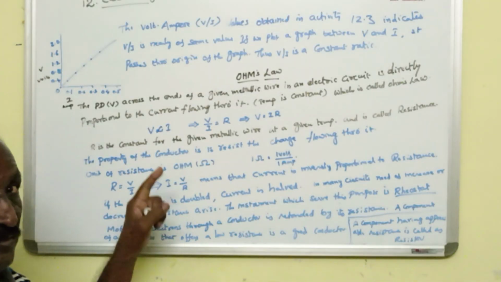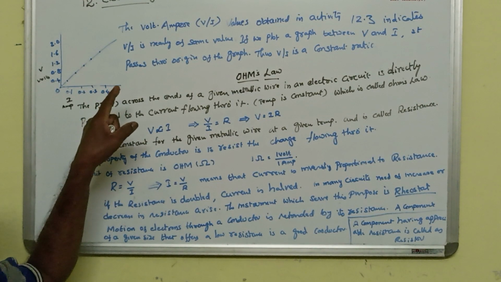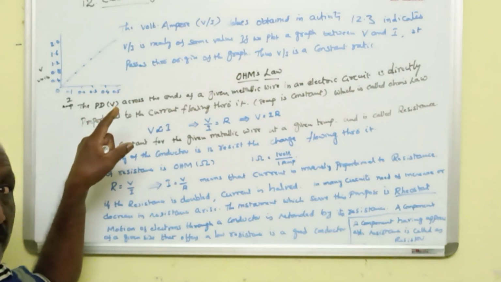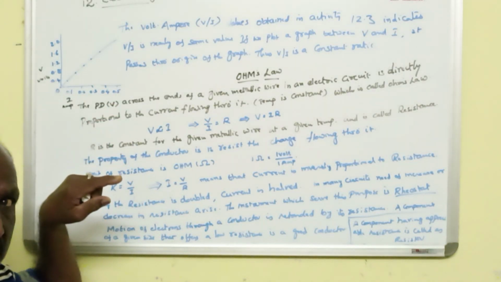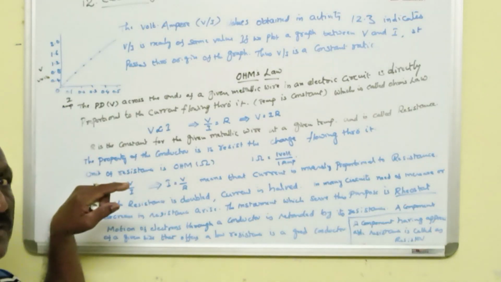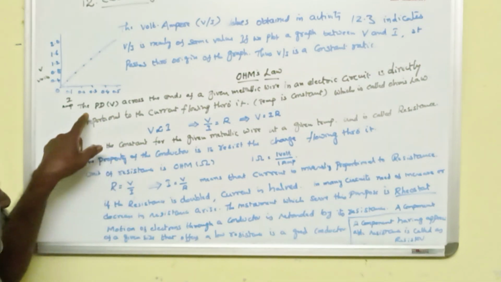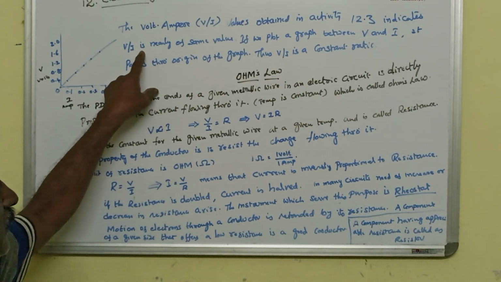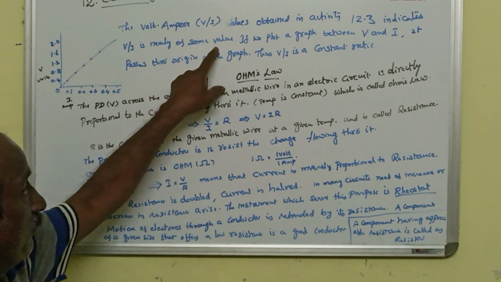In the observations of your activity 12.3, you will not get exactly the same values, but values very near to the constant value. That is why we have mentioned the words here: V by I is nearly of the same value.